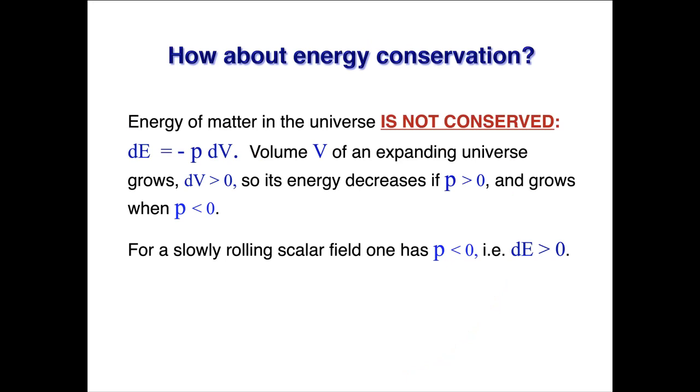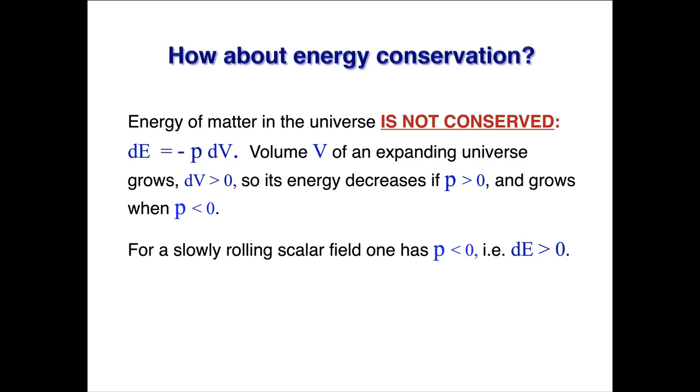Just about the principal issues with this. For this scenario to work, we need to get energy practically from nothing, because we start with this Planckian size domain, mass 10 to the minus 5 grams. Where does the energy come from? There is one thing which people who study it should understand: energy in the expanding universe is not conserved.